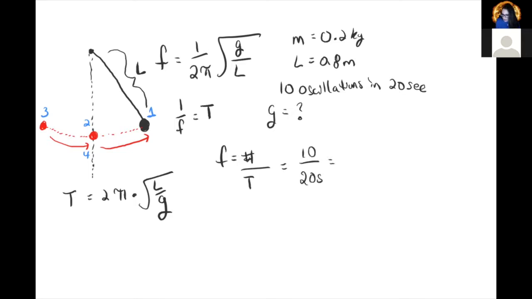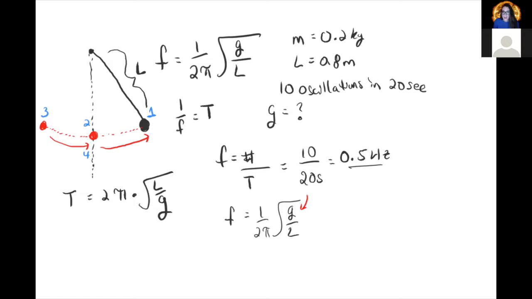And so 10 divided by 20, that's 1/2, that's 0.5. So my frequency of oscillation is 0.5 hertz, because the unit of frequency is inverse seconds, which we call hertz. So now I know f, and I know that f is equal to 1 over 2 pi square root of g over L. Okay, so I need to solve this equation for g. That's what I'm looking for.